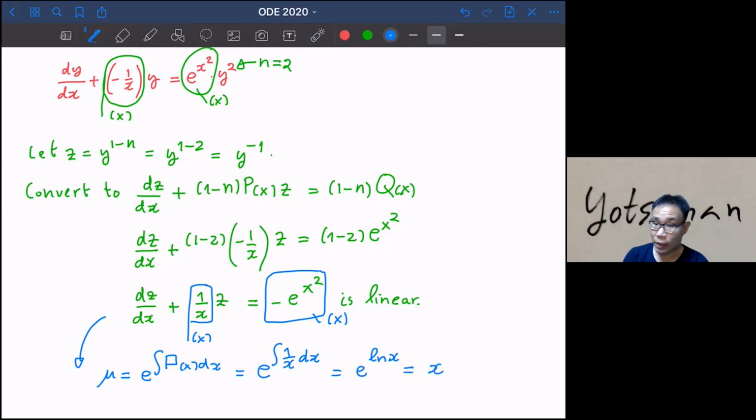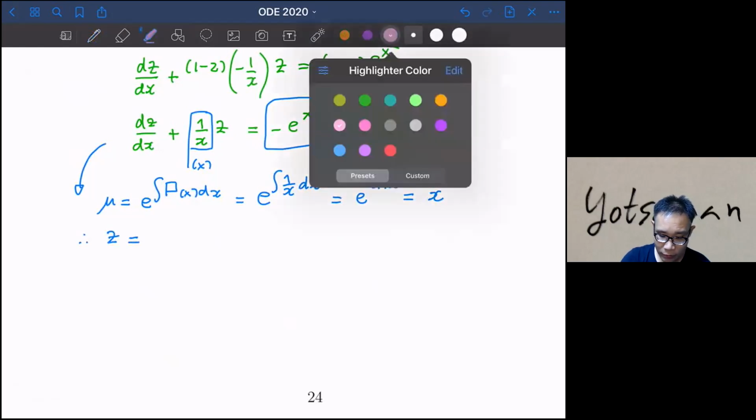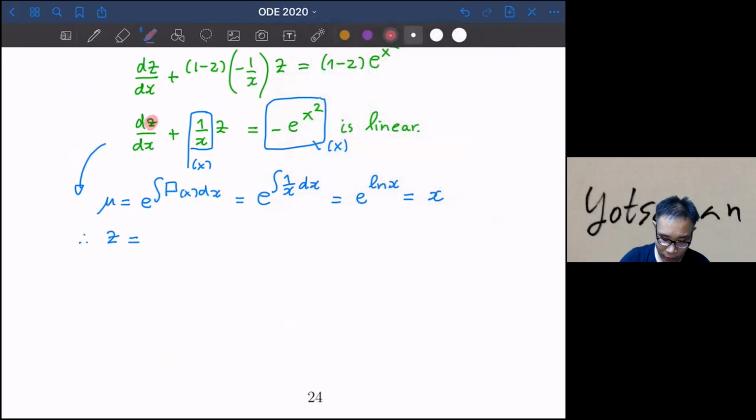So you have mu equal to x, and you're going to have z, not y. We are solving for z because the variable here is z.